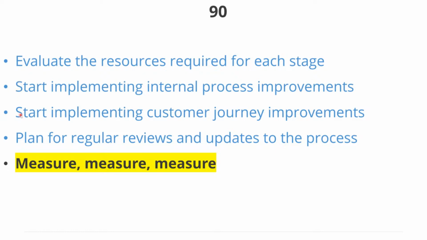The two next items: start implementing internal process improvements and start implementing customer journey improvements. Please note that I listed them separately. They're not the same thing. The internal, back office process improvement is very important, there's no doubt. However, what I care about is customer journey improvement.